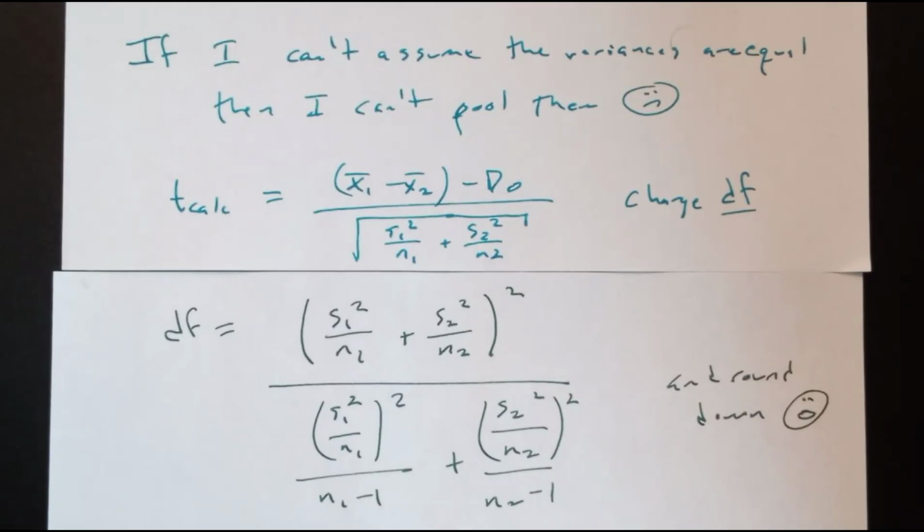Most of the time, I won't know whether or not I can pool the variances unless I'm explicitly told, or I know that the 2 samples are coming from the same population, which means more often than not, I'm actually using this version.